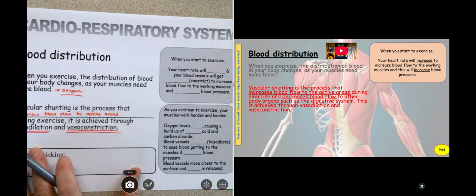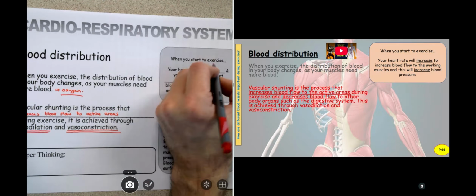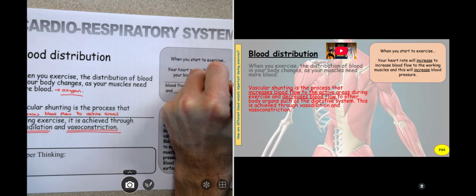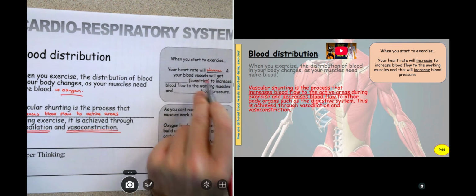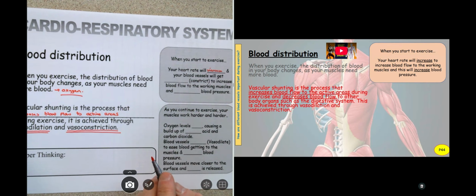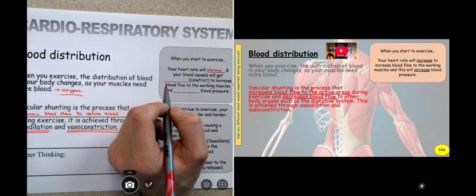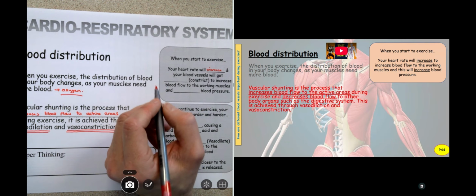So when you start to exercise, your heart rate will increase and your blood vessels will increase blood flow to the working muscles and increase blood pressure.